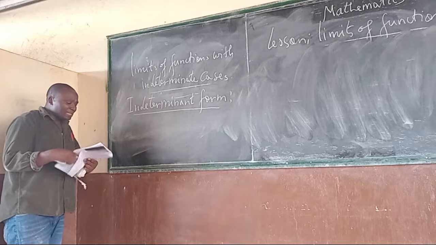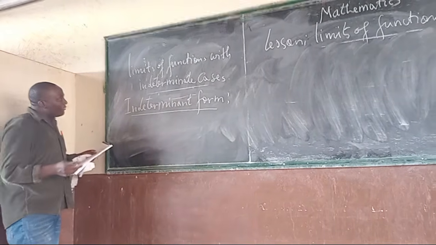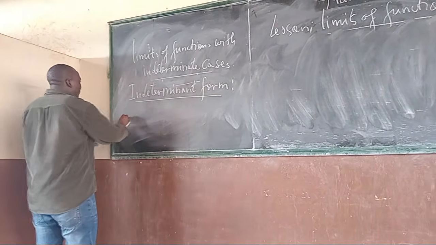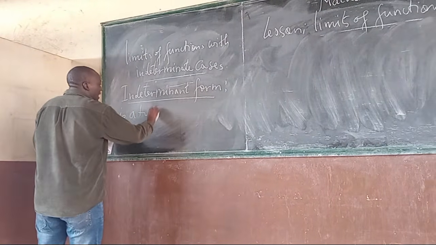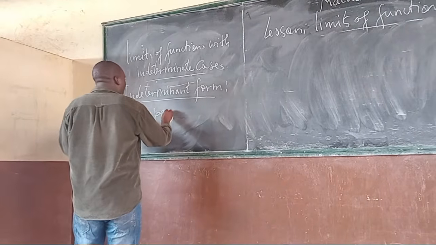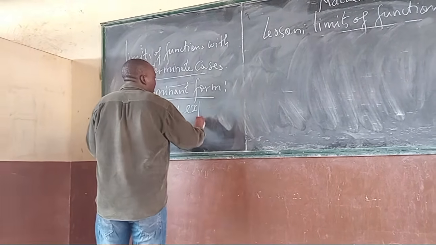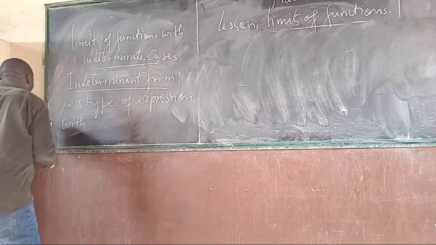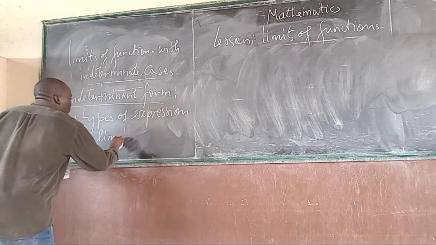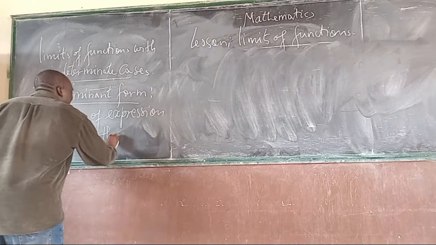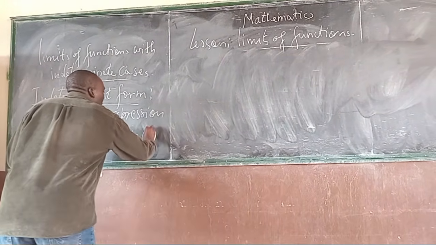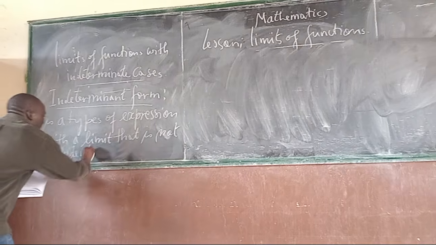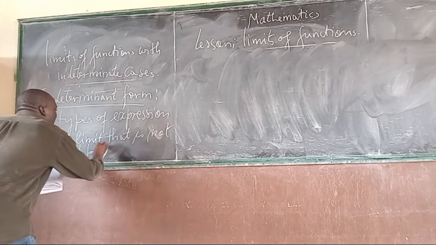Then from your textbooks, we define indeterminate form as a type of mathematical expression with a limit that is not evident by inspection.